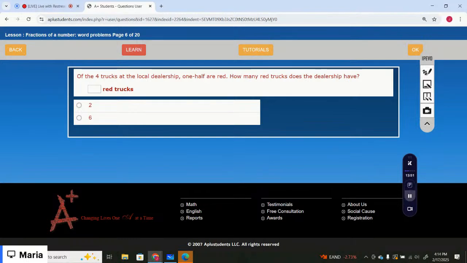Of the 4 trucks at the local dealership, one half are red. How many red trucks does the dealership have?